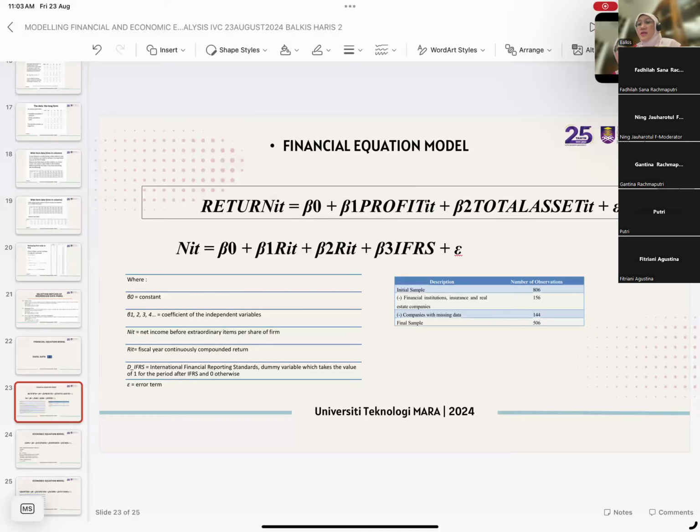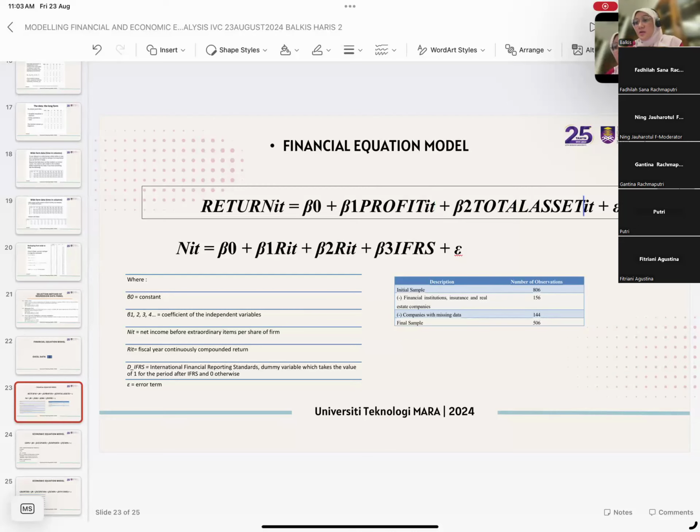I is the company. T is quarter. And for quarter, we can take quarterly data for several years, for example 10 years. So profit for 10 years every quarter, return for the companies every quarter for 10 years.